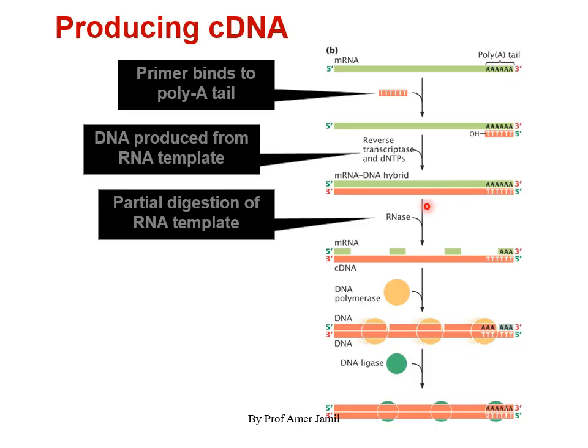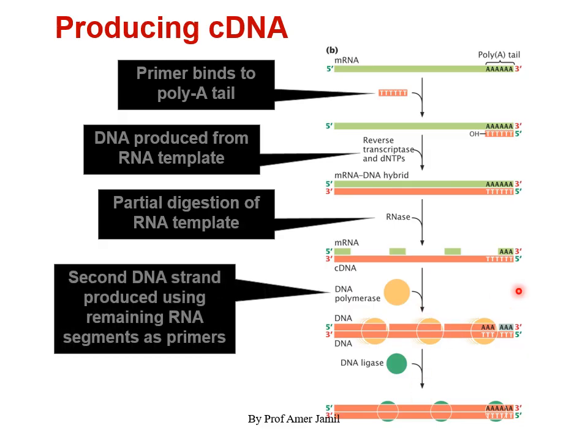and then with partial digestion or with the help of RNase, this messenger RNA can be degraded, and the second strand of cDNA can be generated by using DNA polymerase. But nowadays, for PCR, if you want to take this to PCR, you don't have to perform all these steps.